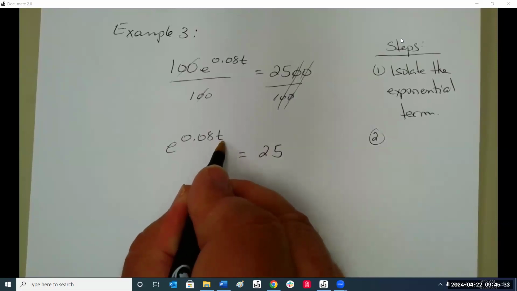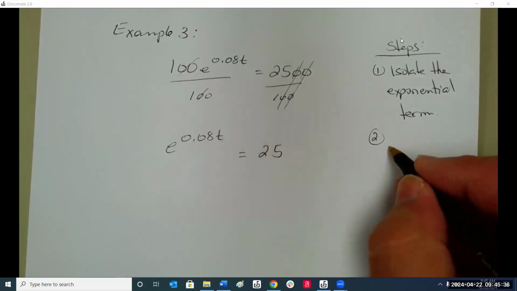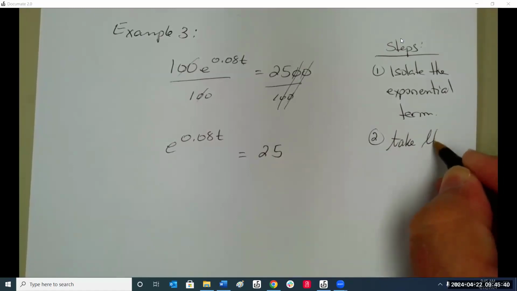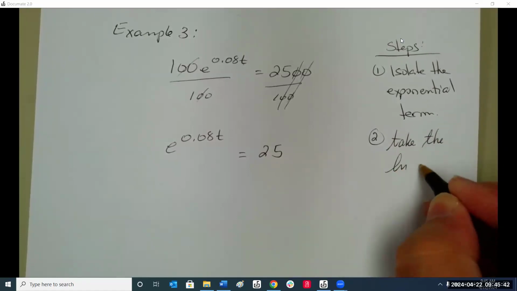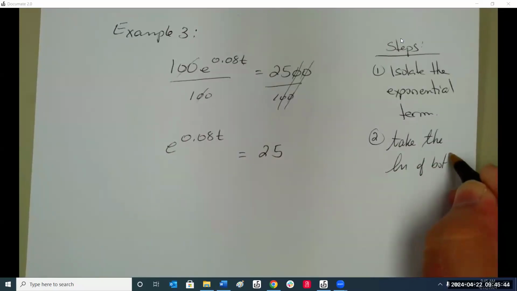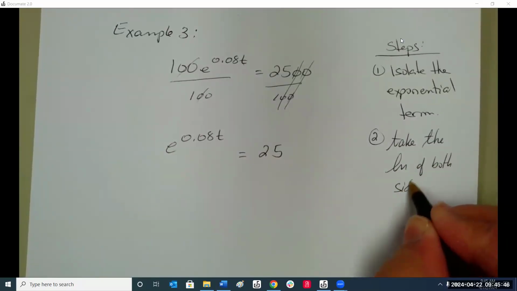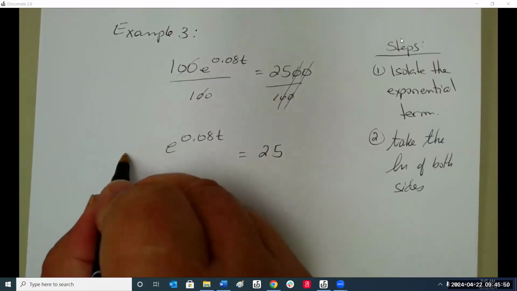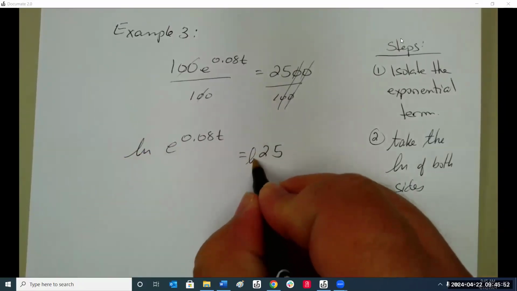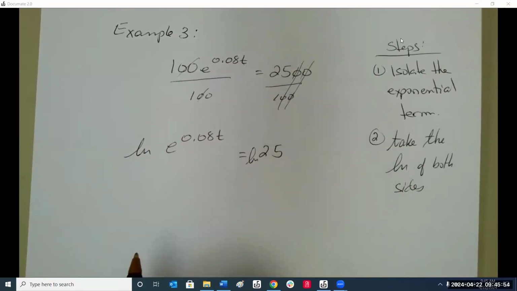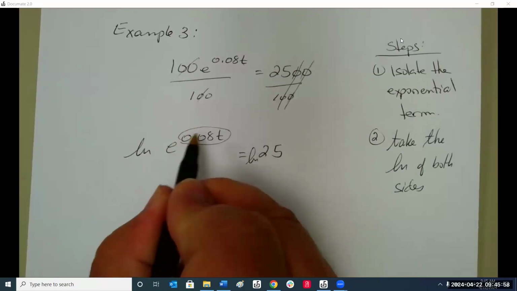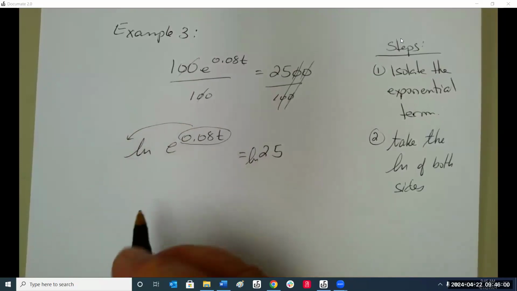How do we get it away from the top? Take the ln of both sides. Why ln? Because it's base e, right? So we take the ln of both sides. That means the exponent goes out in front.